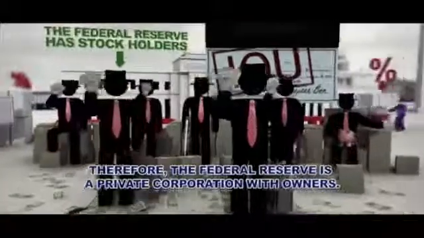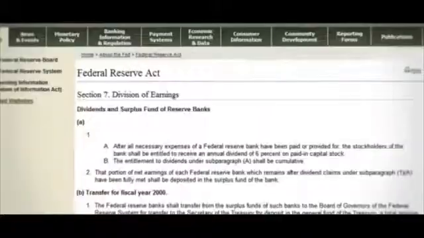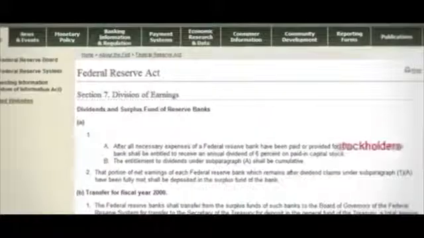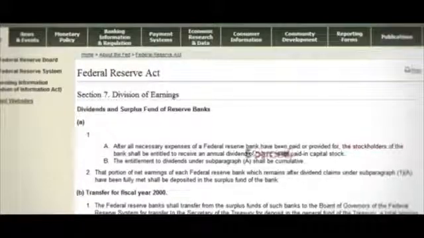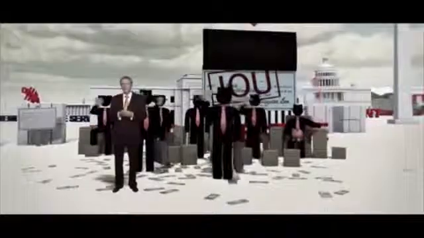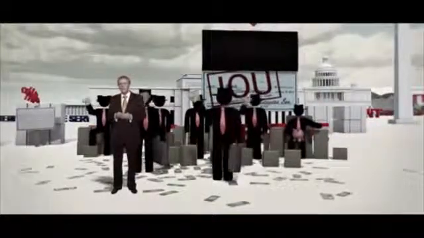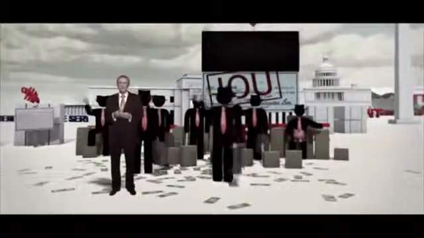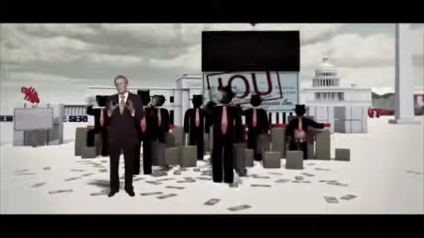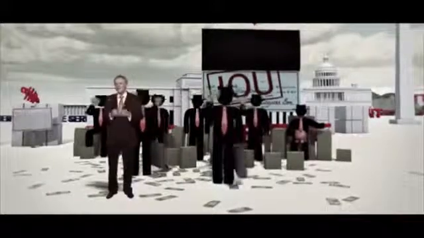And you can see it for yourself if you go to the Federal Reserve's website, and it will say, the stockholders receive an annual dividend of 6%. Now we know that the stock in the Federal Reserve was originally issued to the largest banks in the United States. But because of mergers and acquisitions through the years, you can't actually trace who owns the stock in the Federal Reserve.